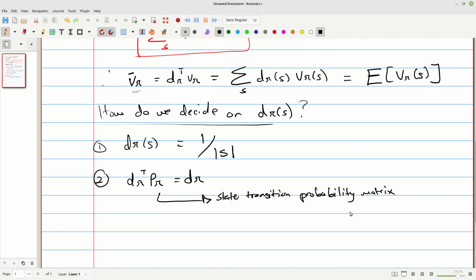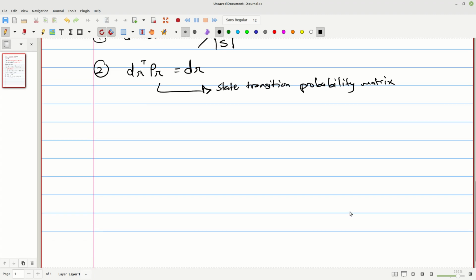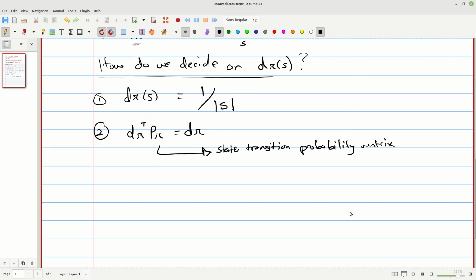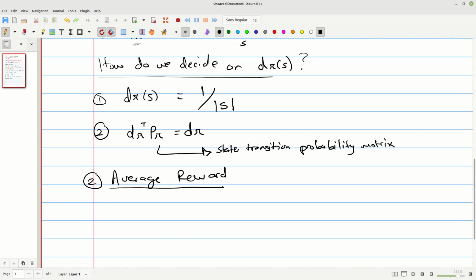So we've defined our first metric here, which is the average state value. The next thing we're going to look at is the average reward. That's another metric we can use. Again, these metrics are just different ways in which we can represent our J theta, which is the scalar metric we're trying to maximize.